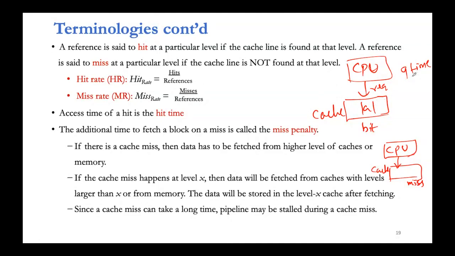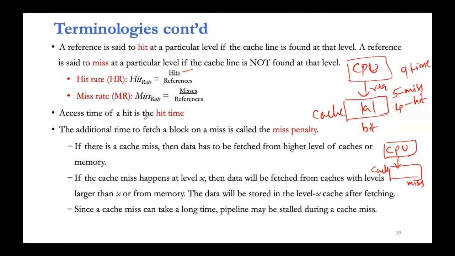Suppose the first 5 times the A's are missing, and the next 4 times there is a hit in the cache. From this observation the hit rate and the miss rate will be calculated. Hit rate is the number of hits divided by the number of addresses requested by your CPU. Number of addresses, we call them references. Same way for your miss rate also.